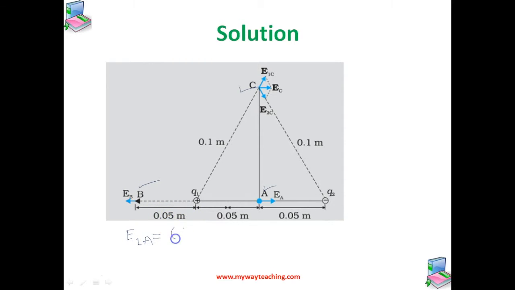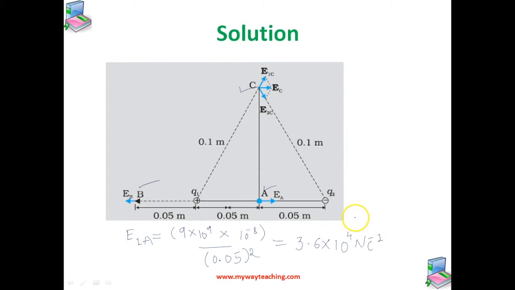That is equal to 1 by 4 pi epsilon, which is 9 into 10 raised to 9 Newton meter square per coulomb square, times Q1, which is 10 raised to minus 8, and the distance, as you can see, is 0.05, half of 0.1. This gives the electric field at point A due to charge Q1, which is equal to 3.6 into 10 raised to 4 Newton per coulomb.